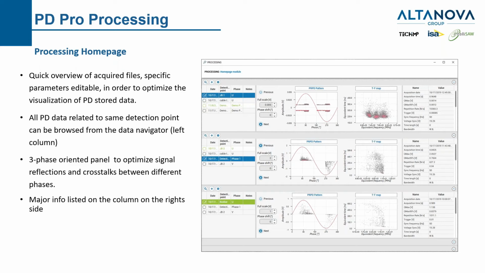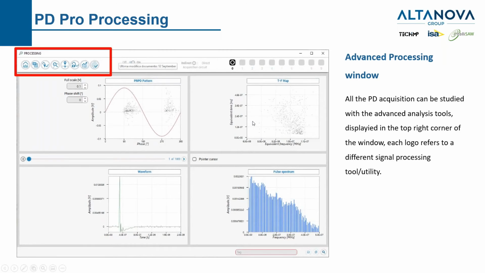If we want to have a deeper study of the single acquisition, by clicking the process button on the top of each row, we can have a pop-up window with advanced processing functions. In the advanced processing, we have different tools that can be used to analyze and clean the data. The page that we see right here is the home page.